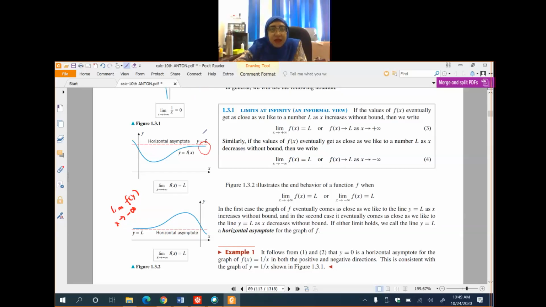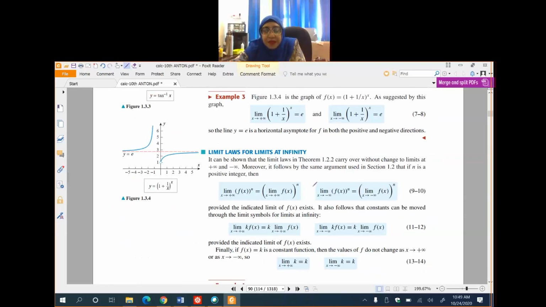This is as x tends to plus infinity, and this is for x tends to negative infinity. It is getting closer to y equal to L.